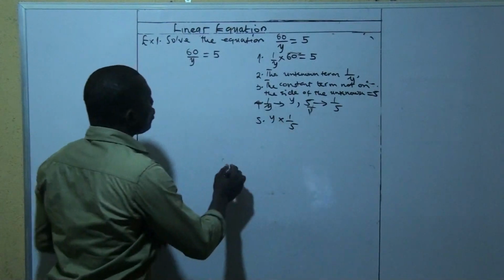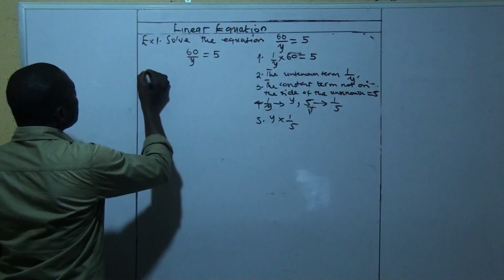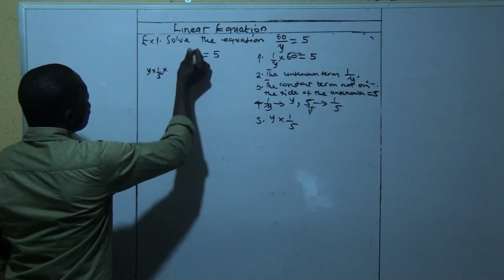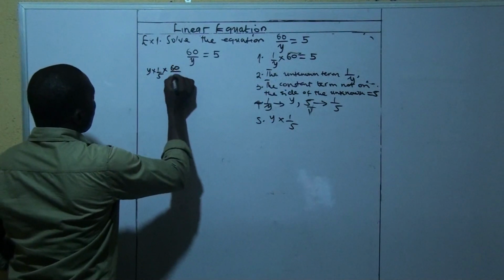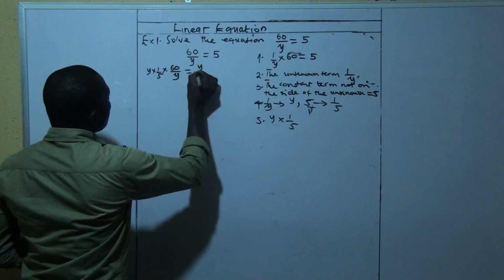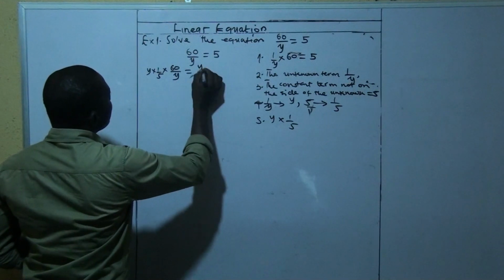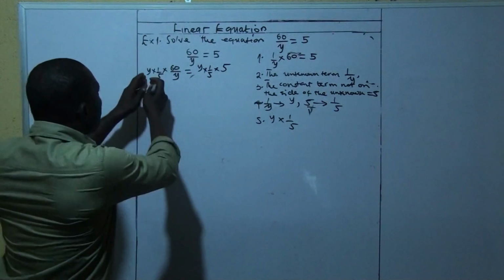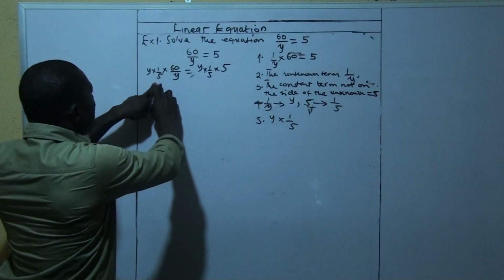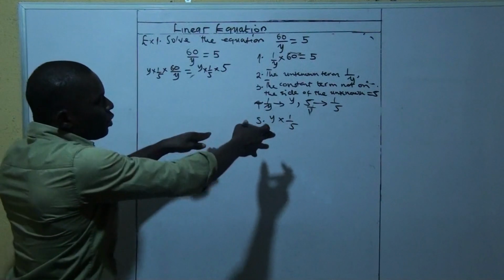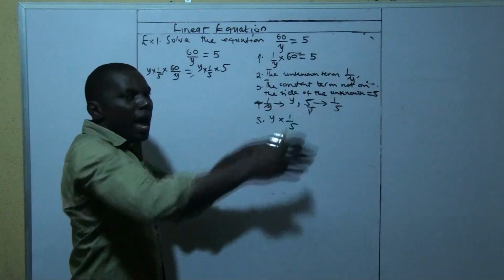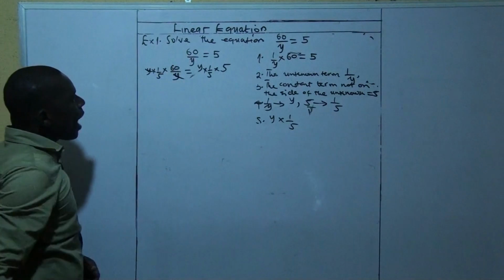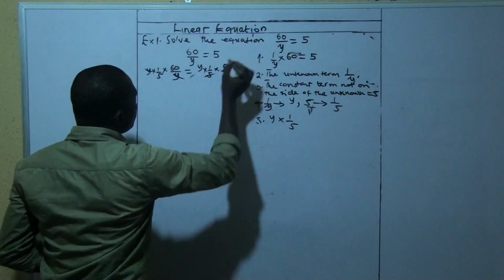What we already have here is 60 over y is equal to 5. We use y and 1 over 5 to multiply both sides. So we say you should use this quantity to multiply both sides. And if you do that, this is what will usually happen. This y will go with y, and 5 will go with 5.